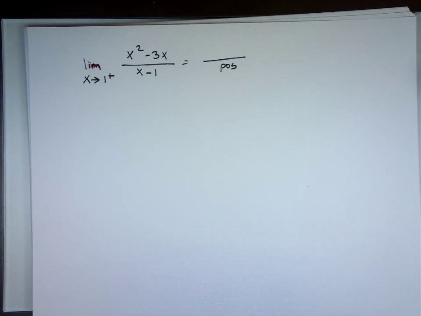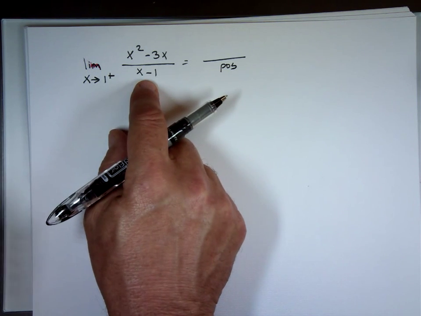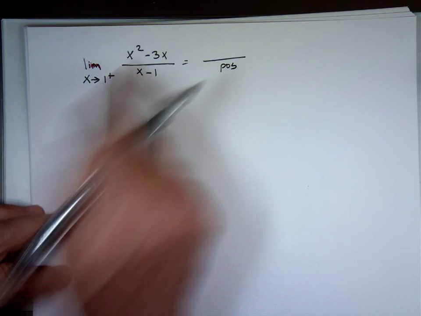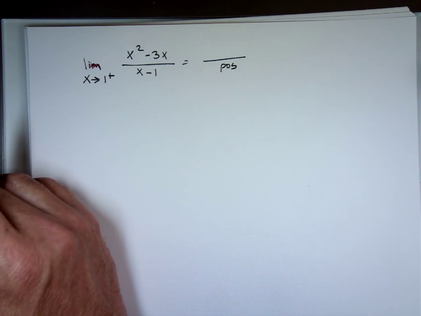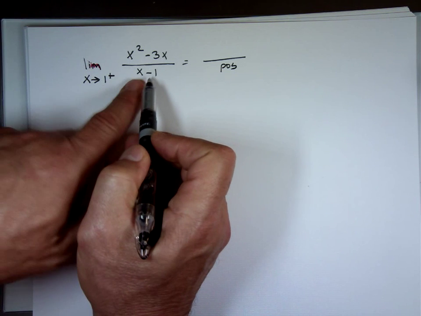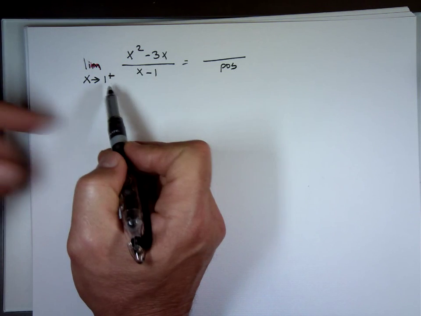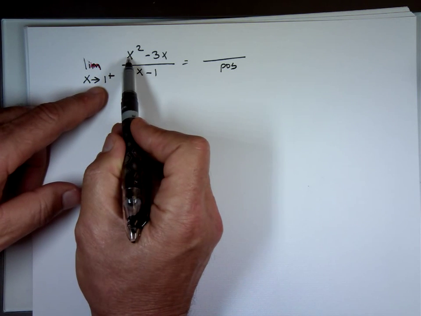The question is, is it positive infinity or negative infinity? Well, I know the number on the bottom is going to be positive. What about the number on the top now? It's going to approach infinity, because you're approaching the 0 there. So the question is, positive infinity or negative infinity? Let's take a positive number, like 1.00000.